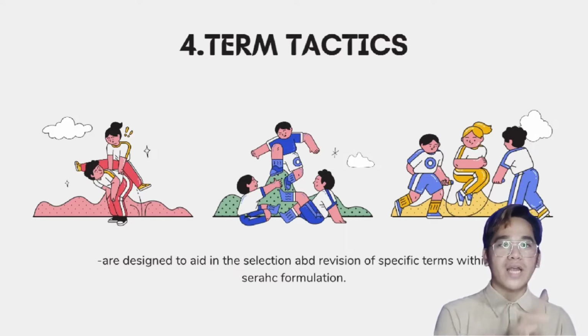These 4 are the tactics and techniques that majority of us actually use in searching for varied sources or resources or kinds of information that we need for our research. Those things are really doable and helpful to us.